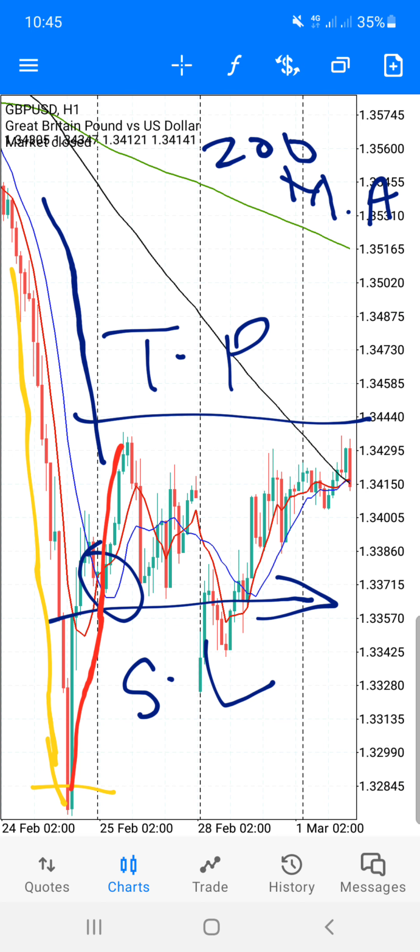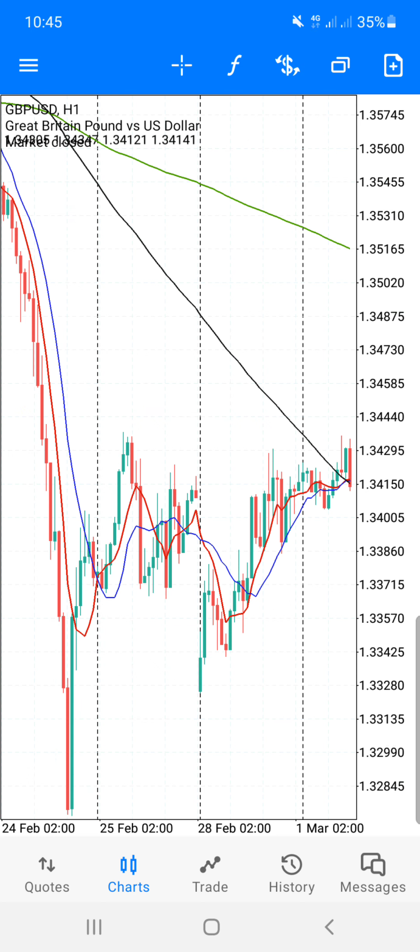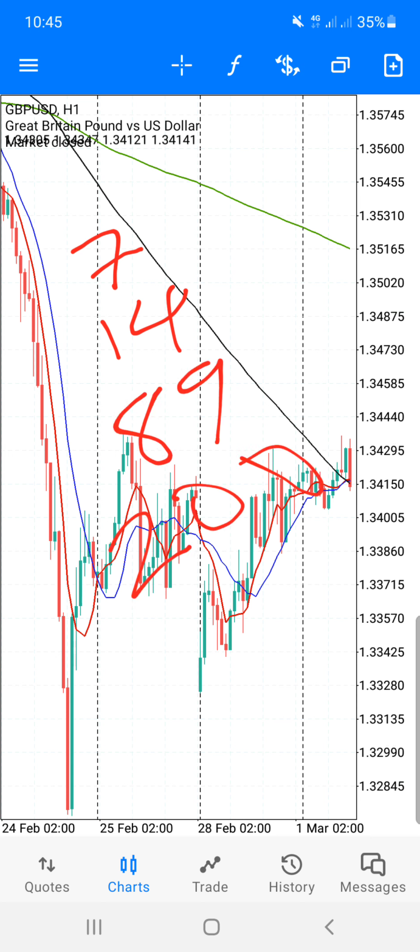So I think I've explained. Remember, I talked about the 7 moving average, 14 moving average, 89 moving average, 200 moving average, and their significance. I talked about when to enter the market and when to come out. I talked about golden crosses.